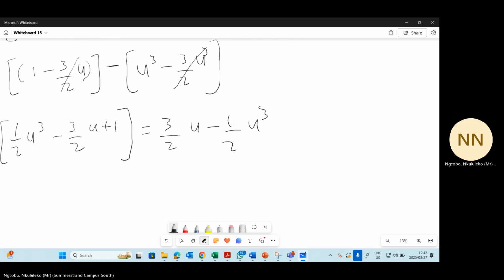Where your u is an interval between greater than 0 but less than 1, right?